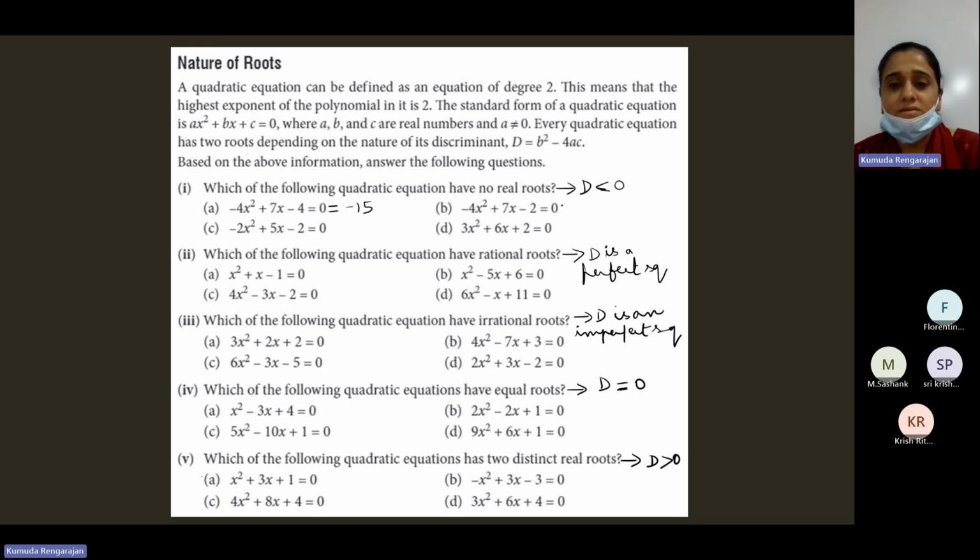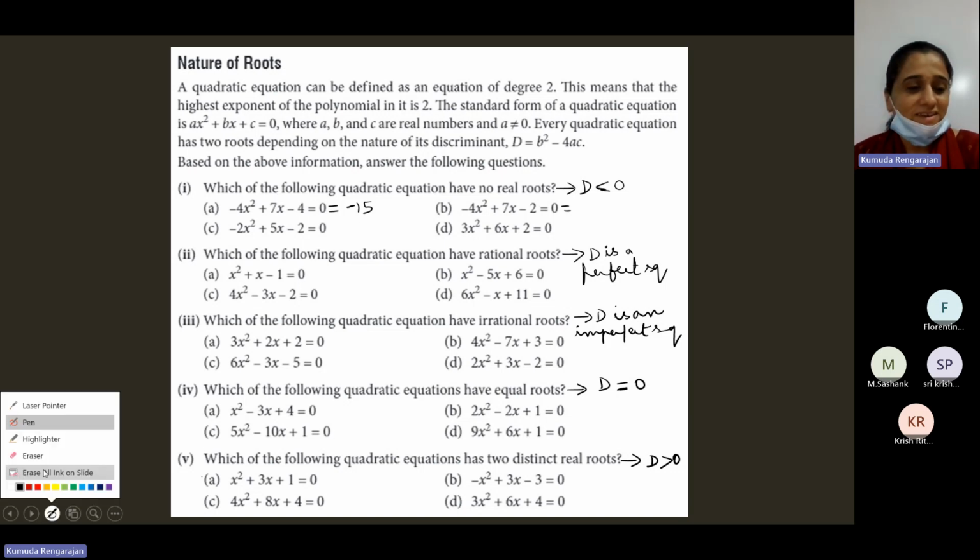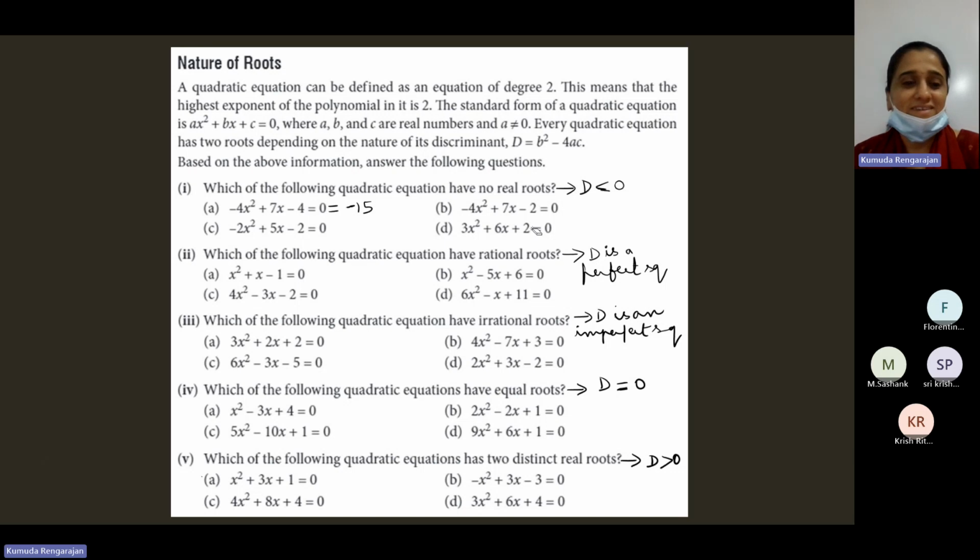What's the value of D here? 1, ma'am. 17, yeah. Okay, because we got minus 15 here, we stopped, is it? All right, then let me go to the next one. For the second one, what's the value of D here? 1, ma'am.